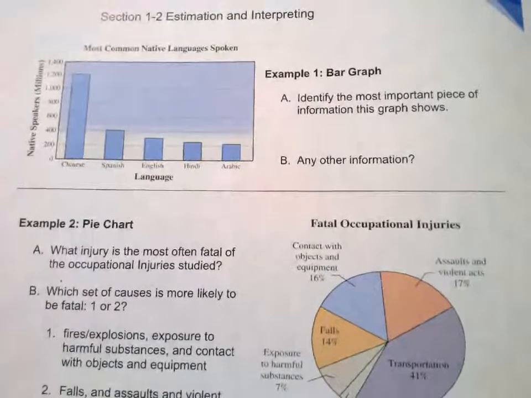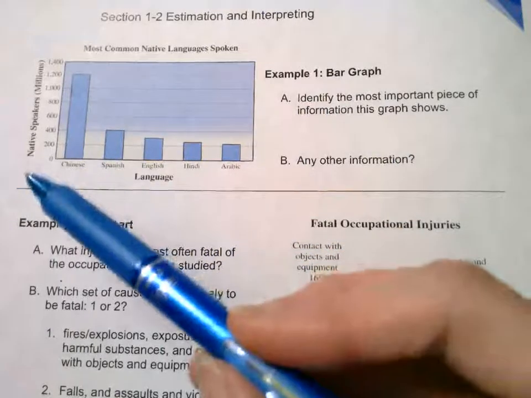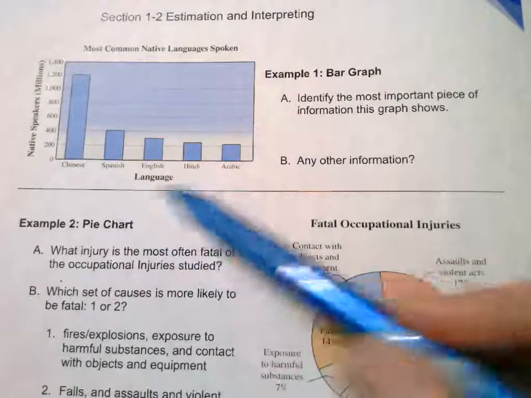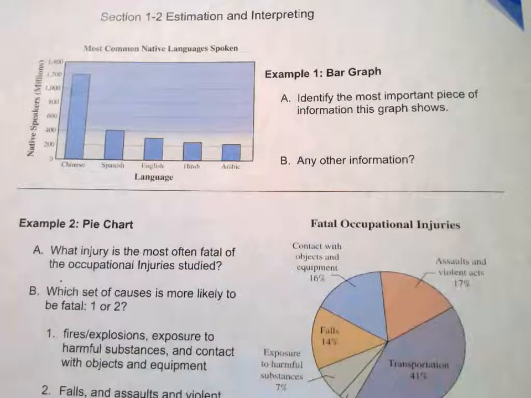This is a bar chart of a type where, see how the x axis, that's the horizontal axis, has words. It says language. Should read the title, most common native languages spoken.